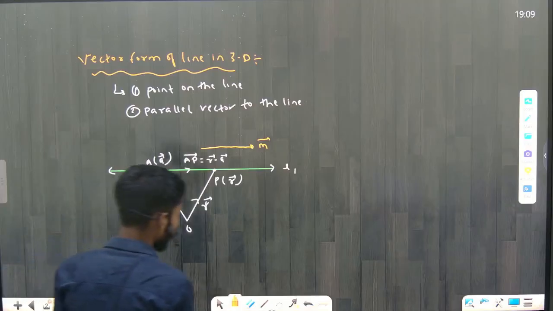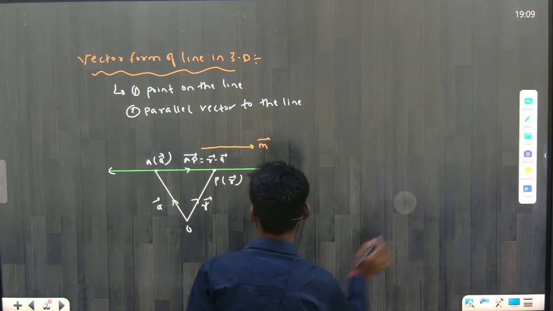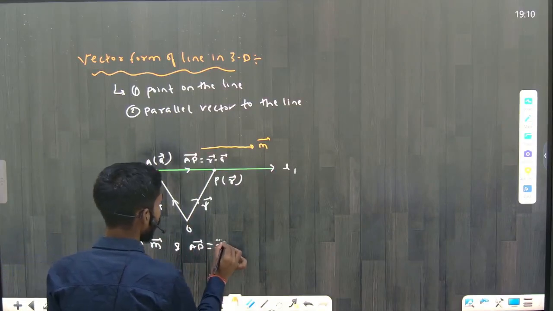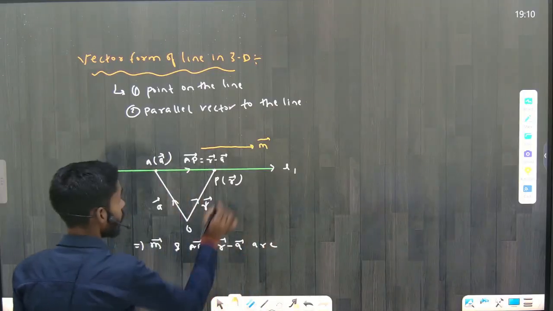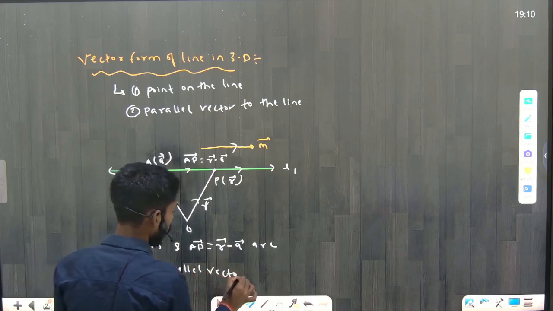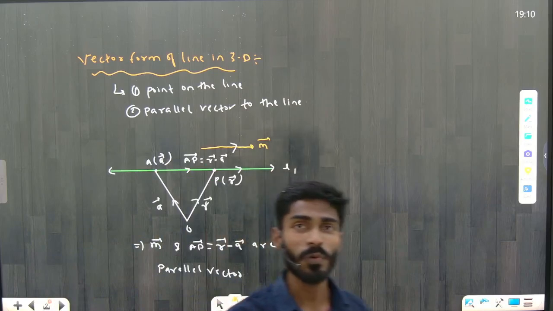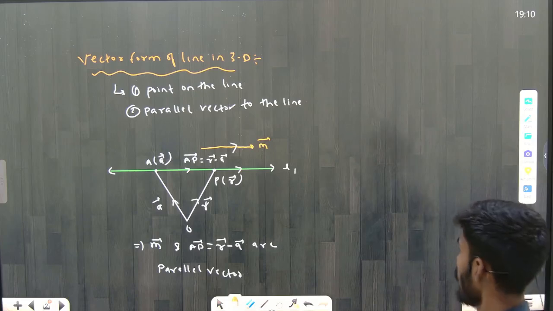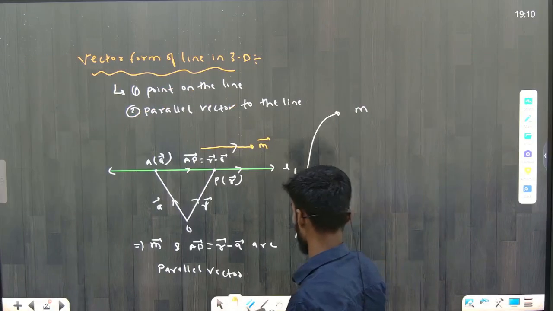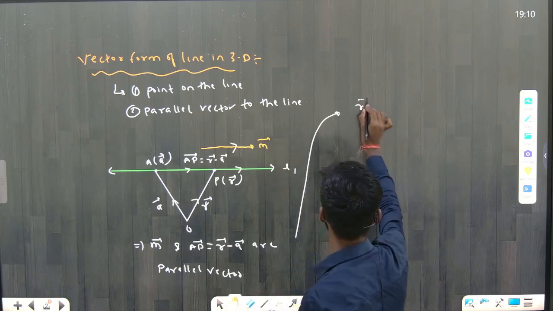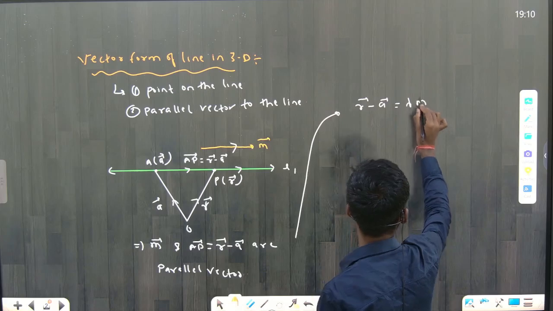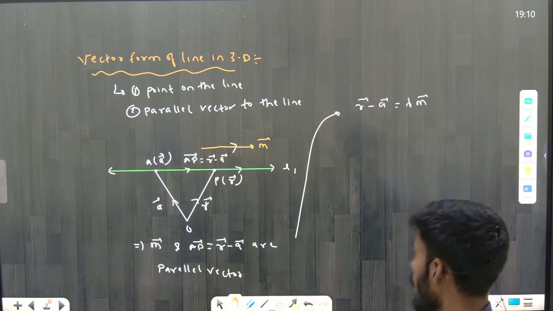So here we can conclude that M vector and AP vector, which is R vector minus A vector, are parallel vectors. And we know that if two vectors are parallel, then we can write one as a multiple of the other: R minus A vector is equal to lambda times M vector, where lambda is an arbitrary constant.